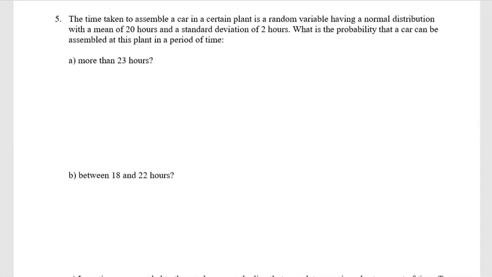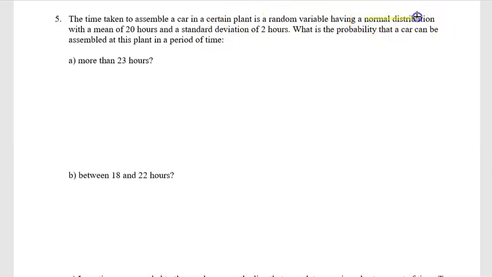So the time taken to assemble a car in a certain plant has a normal distribution with a mean of 20 and a standard deviation of 2. What is the probability that the car can be assembled in a certain amount of time? All right, so first what we would do is think about, what are the important values here, right?